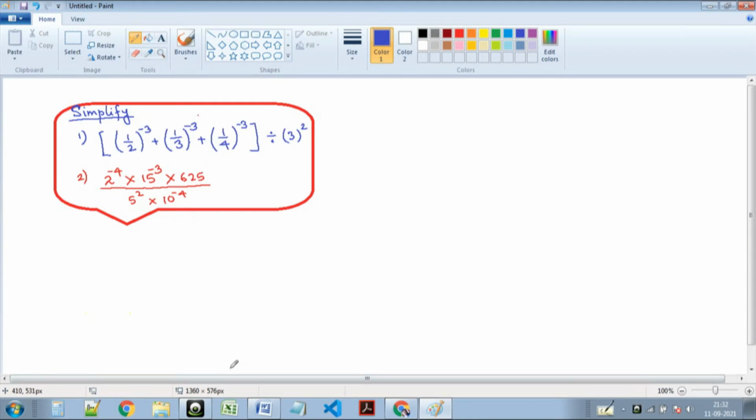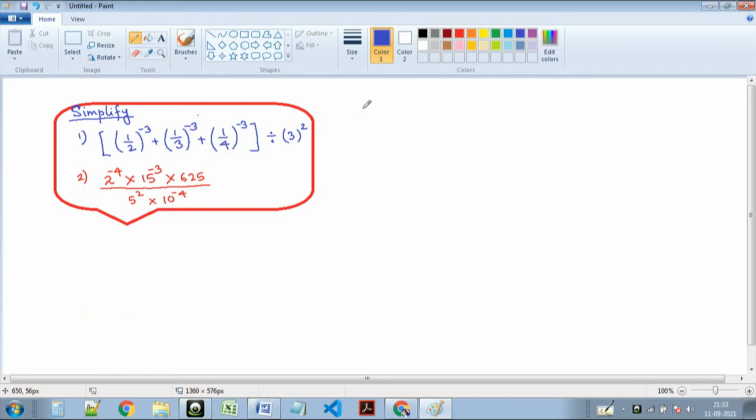In the very first question, you can see that it is given in the square bracket: 1 upon 2 to the power minus 3 plus 1 by 3 whole to the power minus 3 plus 1 by 4 whole to the power minus 3, square bracket closed, divided by 3 square. So let's see how we can solve this one.